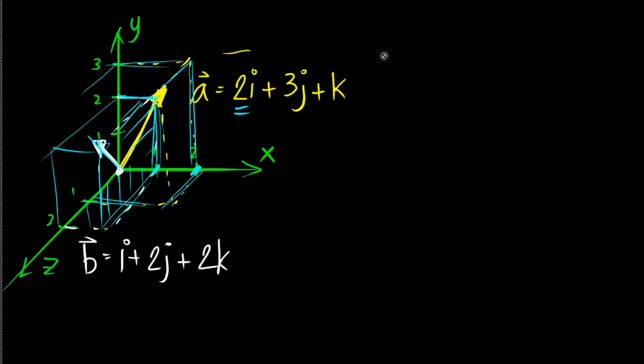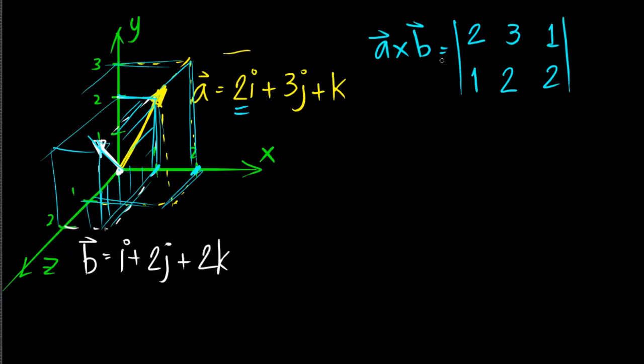Okay. So, what is the cross product of vector A and vector B? This is how it should look. Align all the components. So, you have 2, 3, 1. You have 1, 2, 2.